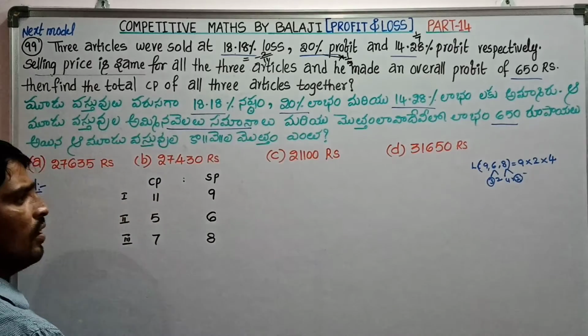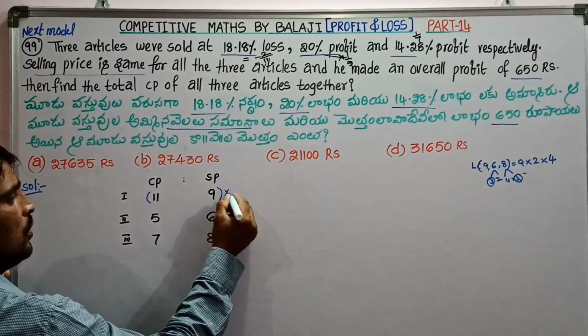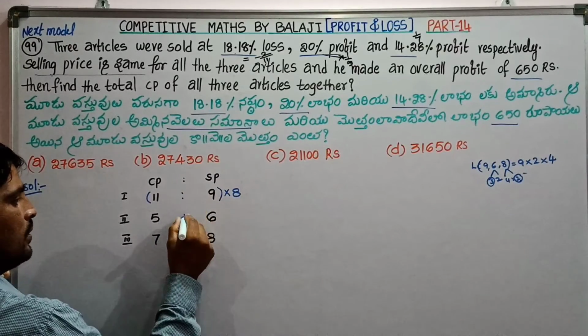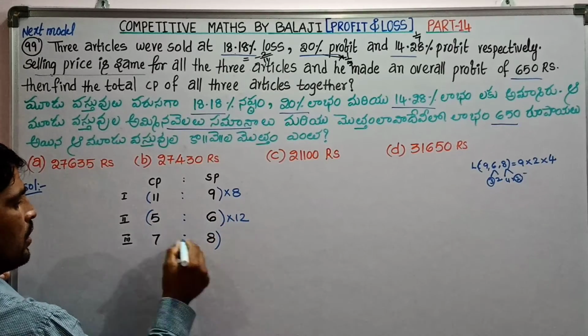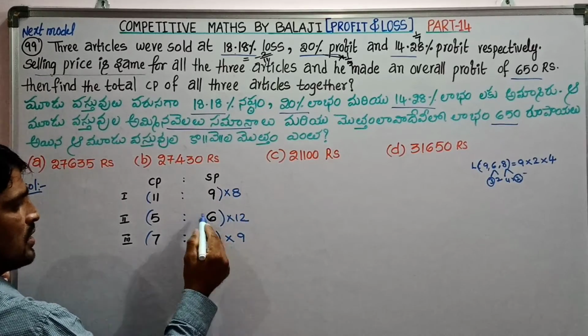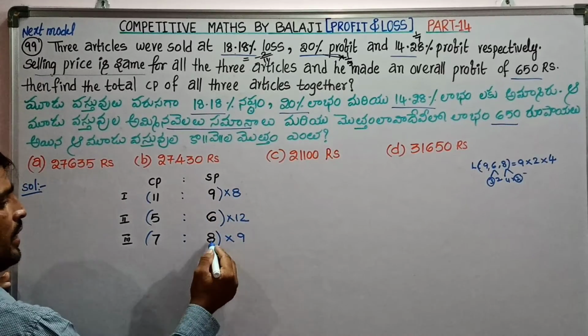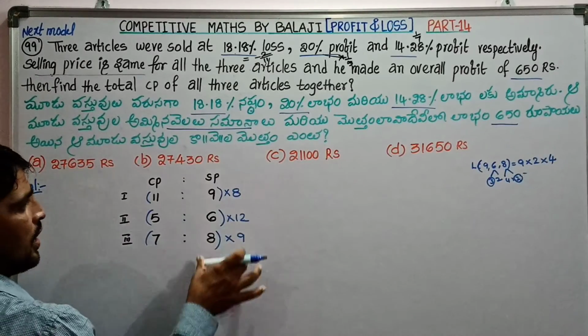Yes. 8 9s are 72, that is LCM. To make it 72, I have to multiply first ratio by 8, second ratio by 12, and third ratio by 9. So 8 9s are 72, 12 6s is 72, 9 8s are 72. Okay. Yes. SPs are equal.